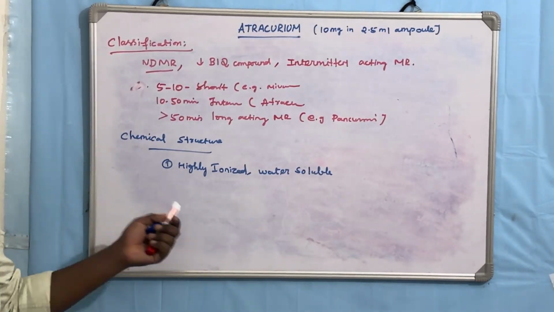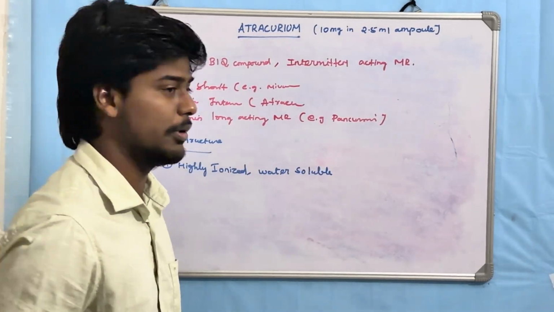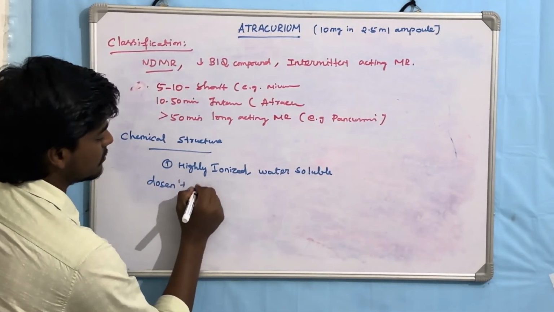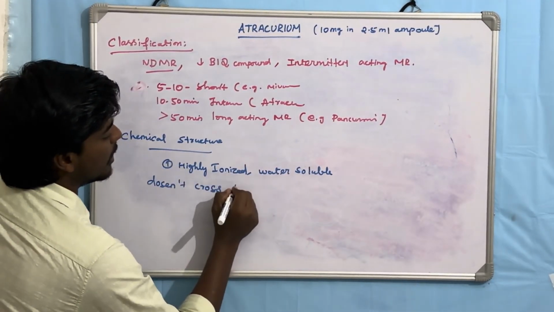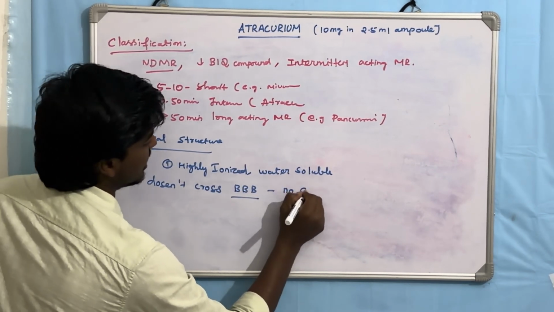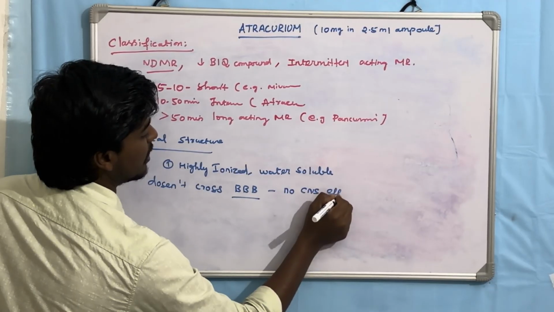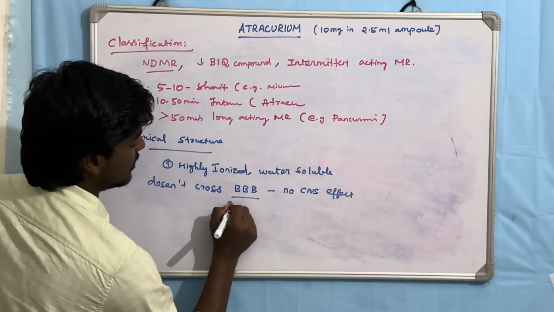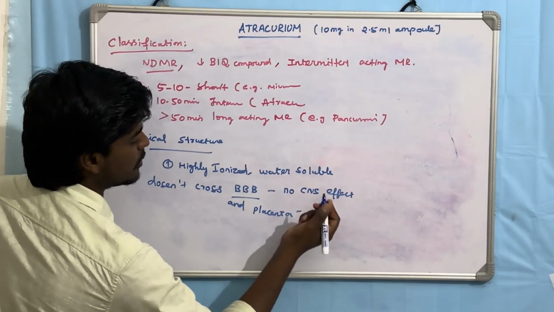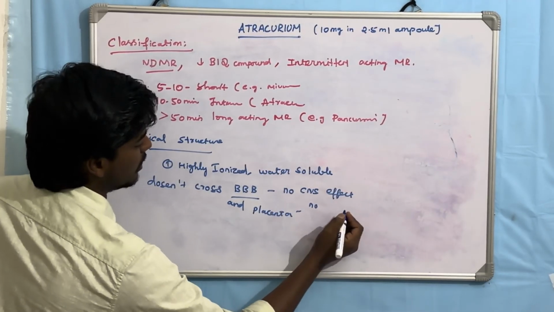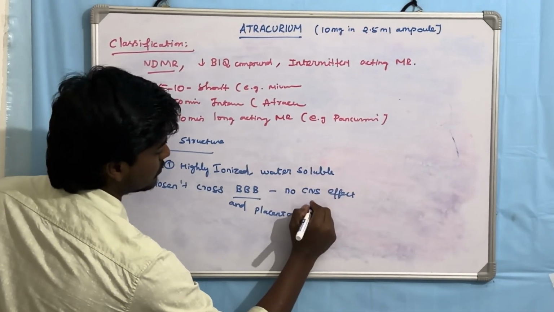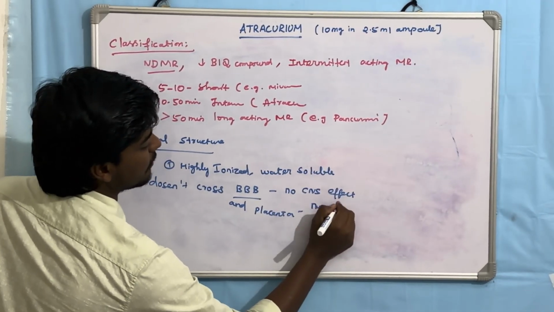Due to its ionized and water soluble property, it does not cross the blood brain barrier, so no CNS effect. It also does not cross the placenta, so no placental effect also.